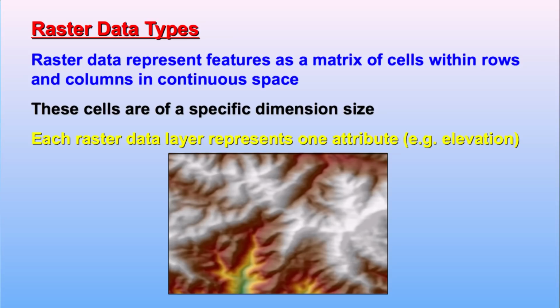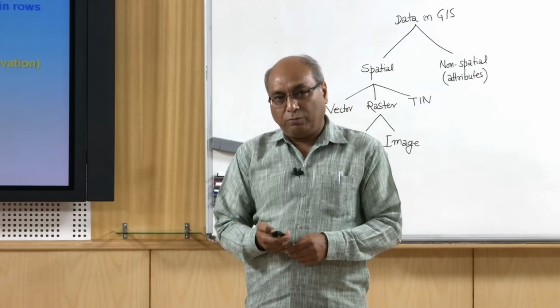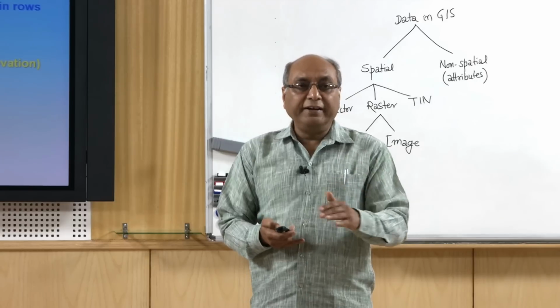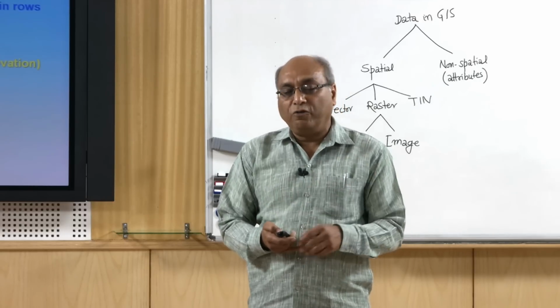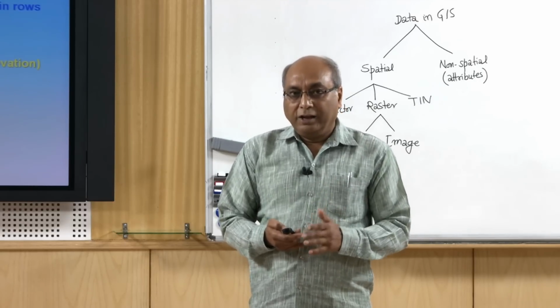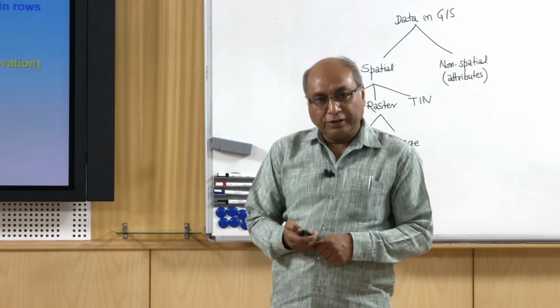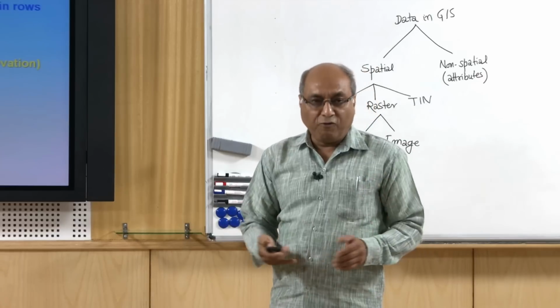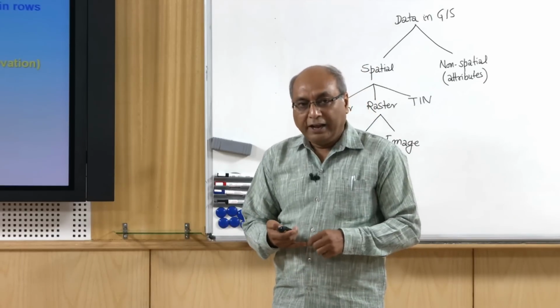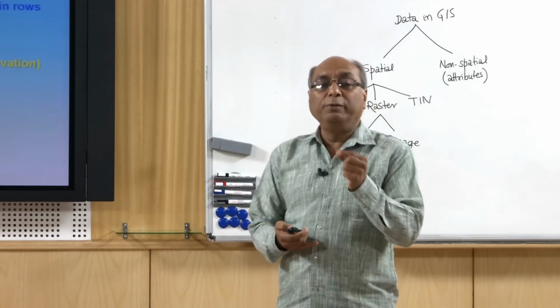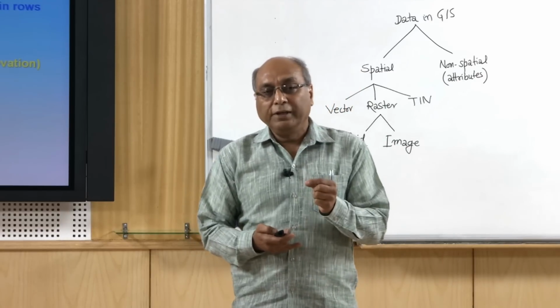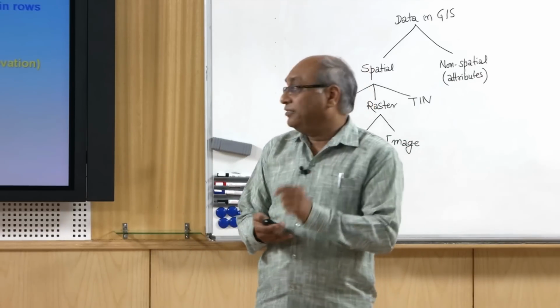Now, it is not only satellite images which are handled in GIS, but there are other raster data like a digital elevation model, which is representing the undulation or topography of a terrain or part of the earth. That means where the higher grounds, lower grounds, valleys, hills and slopes are can also be represented in a form of a grid or raster, and each cell of that grid will be representing an elevation value, and that is why it is called a digital elevation model.